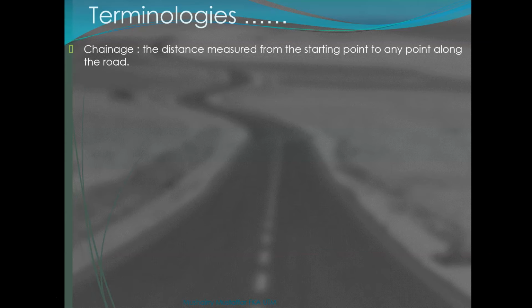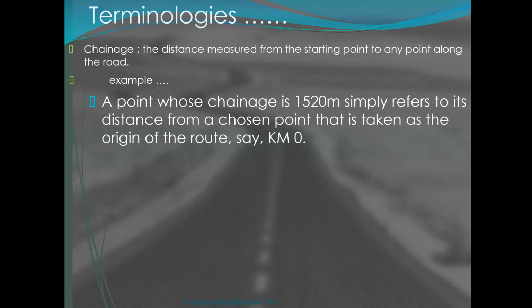You will notice along the highway there are markers at every 100 meters to show some kind of distance. Those are basically what we term chainages. We will have a zero that we have chosen, so that will be the zero. The reason we have that is so that we can identify where we are anywhere along the curve.